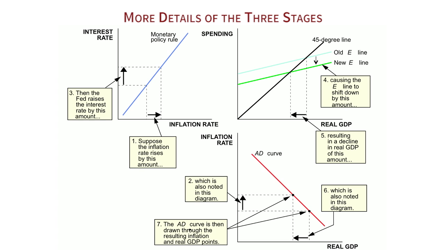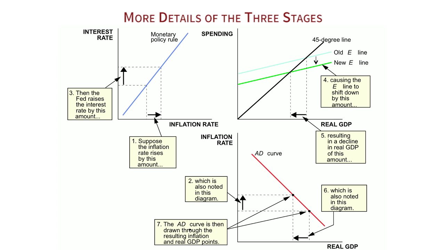Now, according to the monetary policy rule in the upper left, this higher inflation rate is going to mean a higher interest rate, and that's labeled in box 3. The interest rate goes up. Now, to switch over to the upper right, we see the higher interest rate reduces the expenditure line because investment's discouraged and net exports go down. They all shift down.